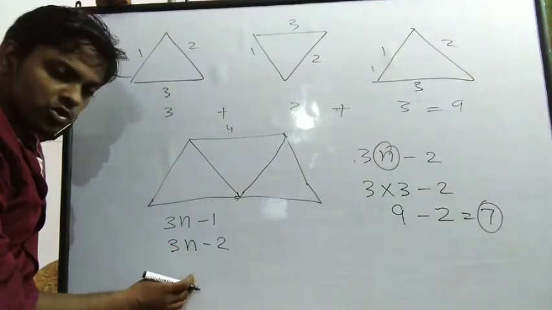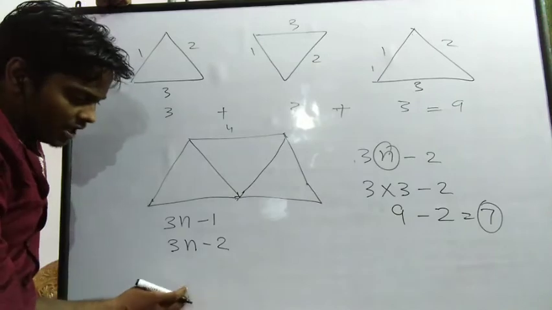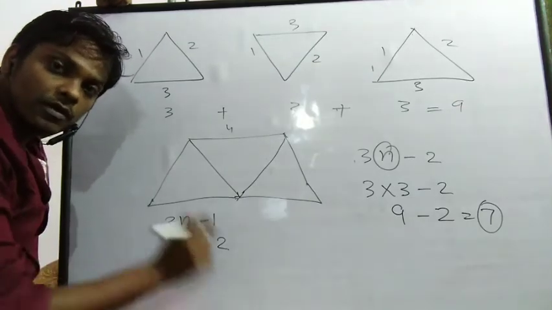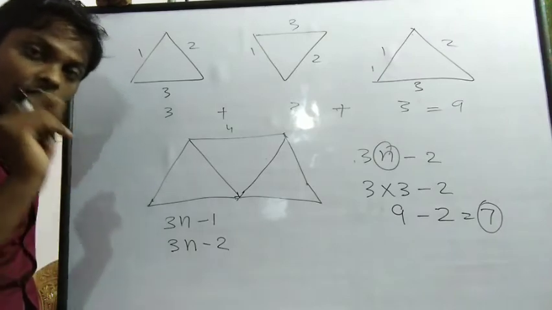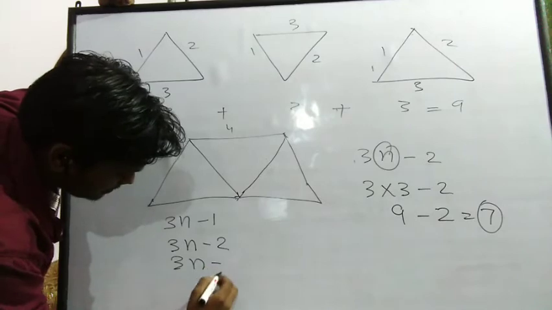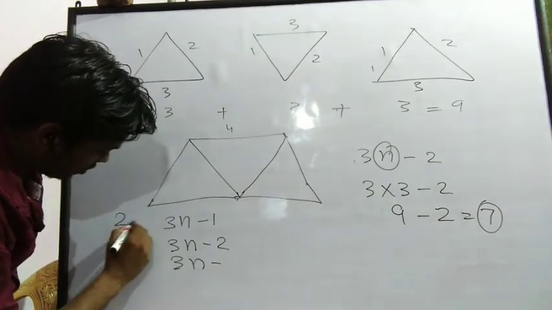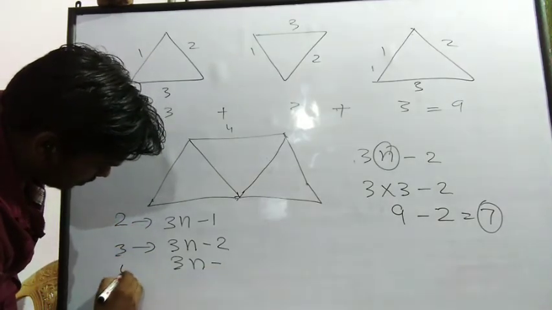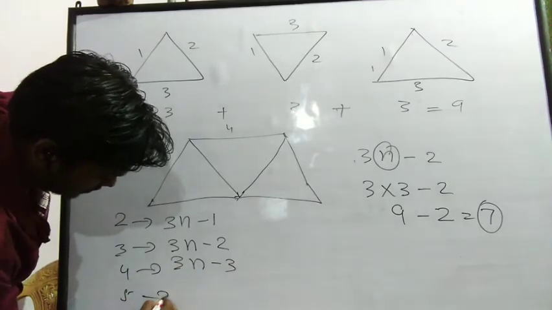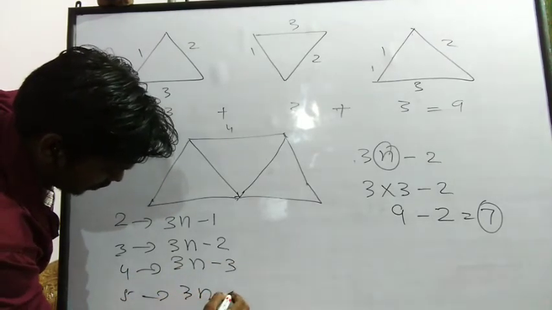When n is equal to 4, then you have to subtract 3. If n is equal to 5, then you have to subtract 4. This is your point of concern. 3n minus 2, 3, 4.